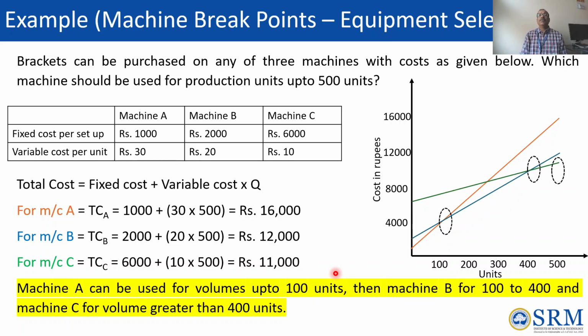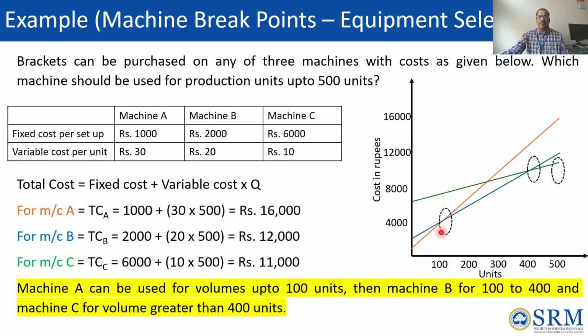Similarly, we have three machines, A, B, C. Each machine has its own fixed cost: 1,000 rupees for machine A, 2,000 for machine B, 6,000 for machine C. Each machine also has a variable cost per unit: 30 rupees, 20 rupees, 10 rupees. So the total cost for each machine is calculated. By doing this, we can draw all the things.